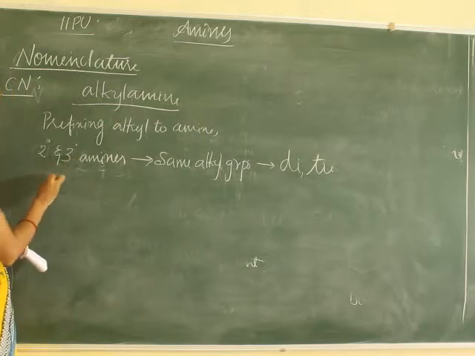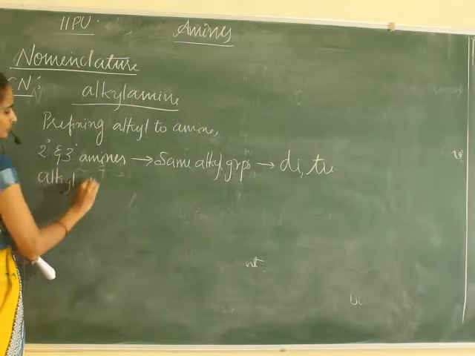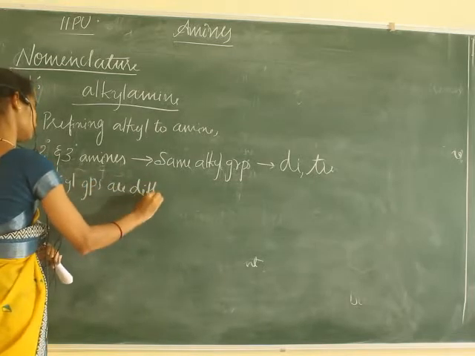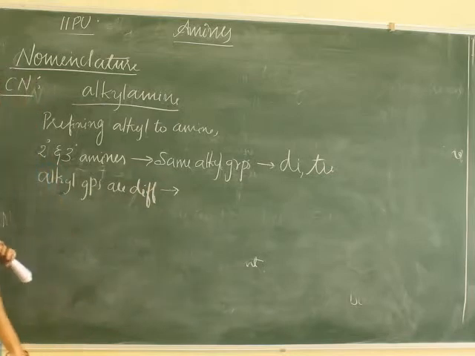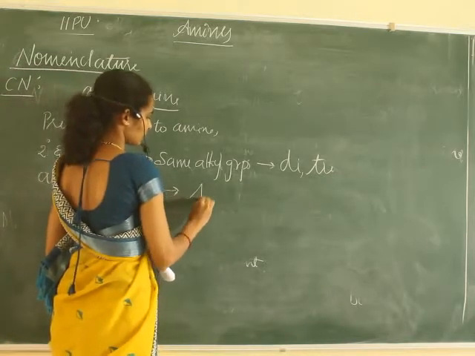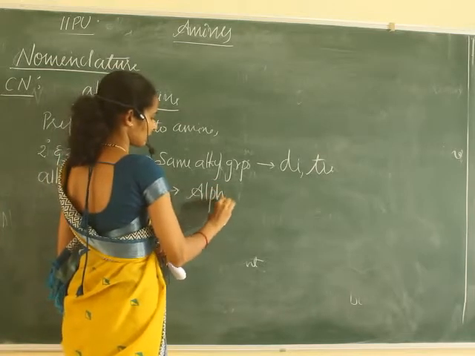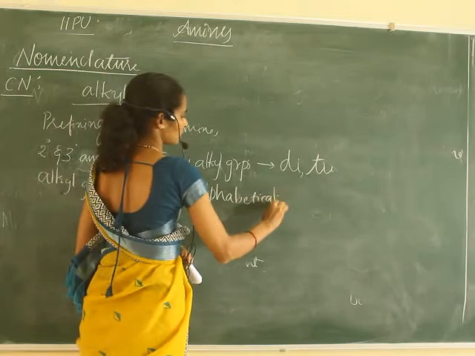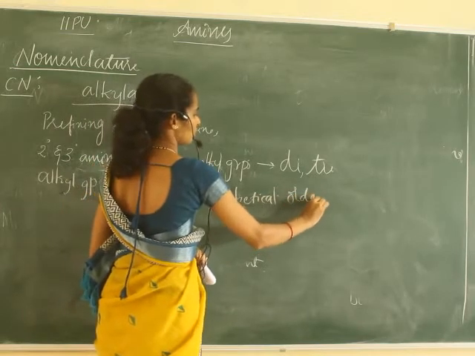If the alkyl groups are different, then we write according to alphabetical order.